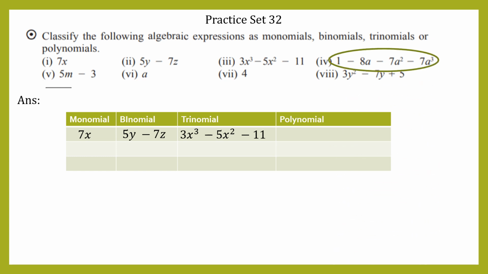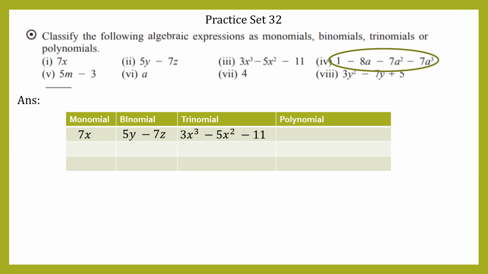Fourth example, 1 minus 8a minus 7a squared minus 7a cubed. Let's count the number of terms. 1 is first term, minus 8a is second term, minus 7a square is third term, minus 7a cube is fourth term.